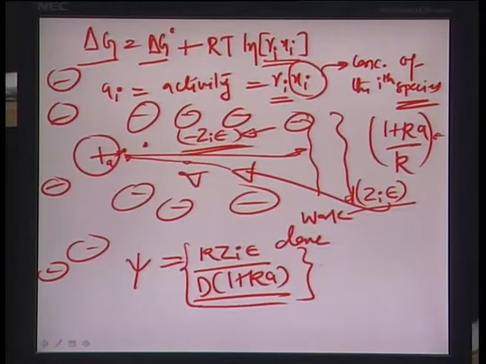The amount of work that is done really in this case is nothing but the free energy change of the system. The work that is stored in the system, if allowed, the system can do an identical work.